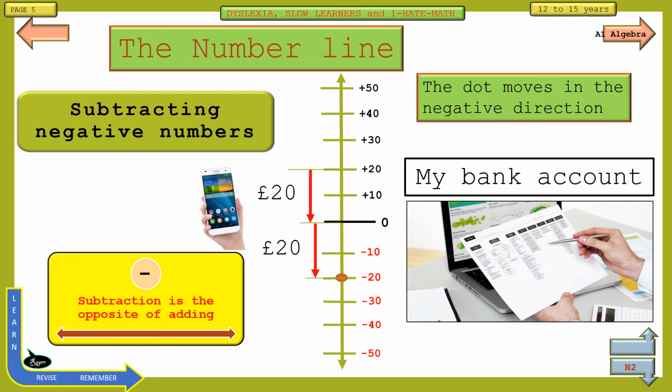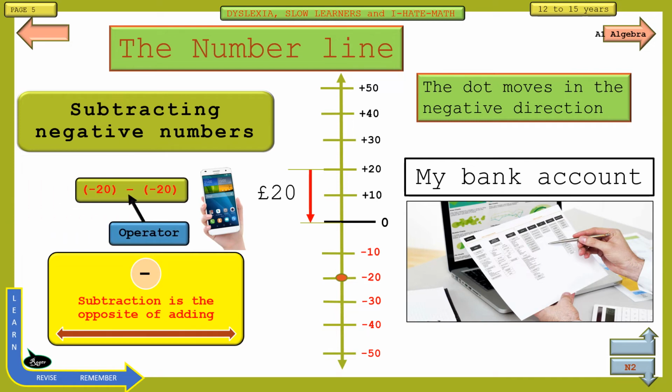And now we tell the phone company about their mistake. And this is the crucial point. The phone company takes away the negative £20. In mathematical terms, we have minus 20 minus minus 20, which is the same as minus 20 plus 20, taking us back to 0.